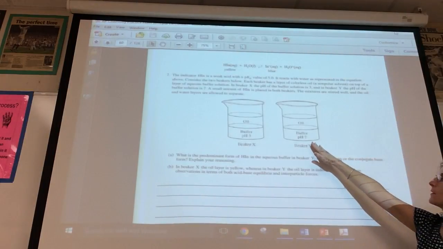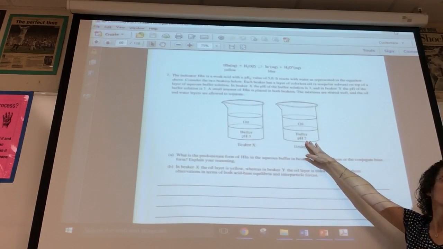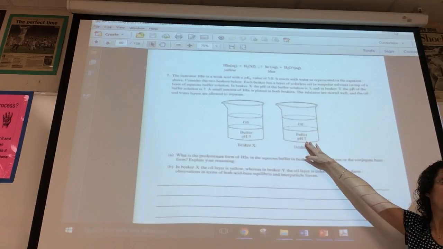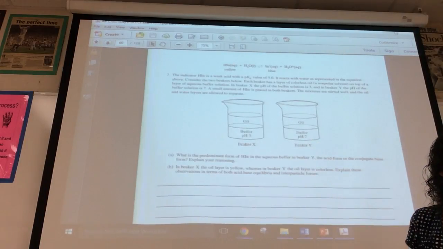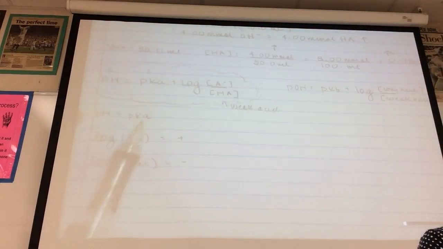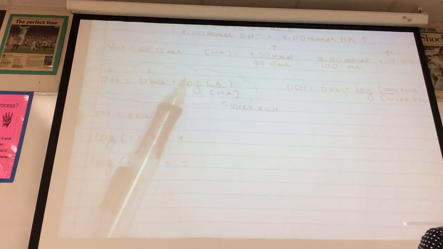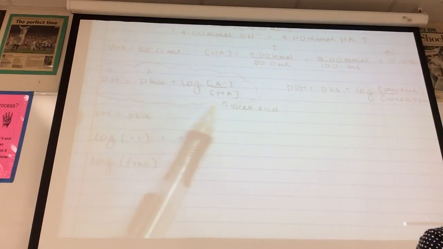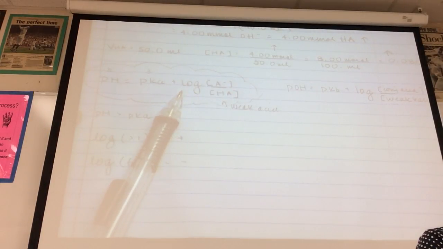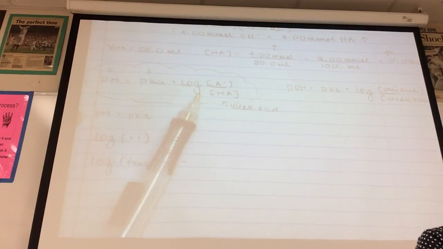So in beaker Y, the pH is greater than the pKa, right? The pH is greater than the pKa. So you need this fraction to be positive, which means which species has higher concentration? The conjugate base.